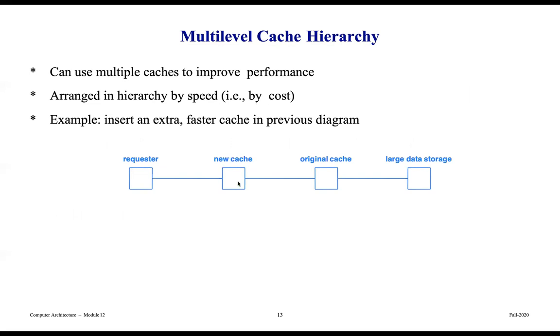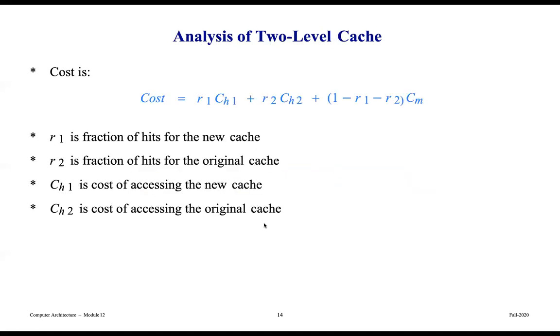This new cache is faster and more capable in terms of speed than the original cache, so you can see why you would want to put it first. So we insert an extra, faster cache and augment what was in the previous diagram.